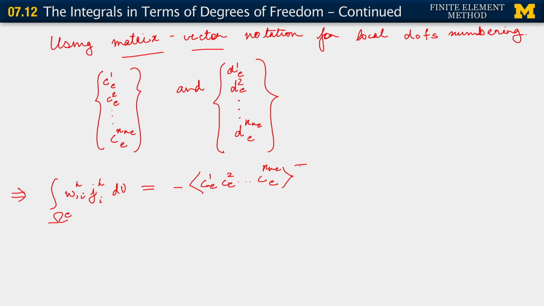Okay, we get a big matrix here, which consists of entries K11E all the way up to K1 number of nodes in the element E. Okay, and the last entry here is K number of nodes in the element times number of nodes in the element E. Okay, that is the matrix that we get, and this is multiplied by a column vector using the notation that is sometimes employed in linear algebra.